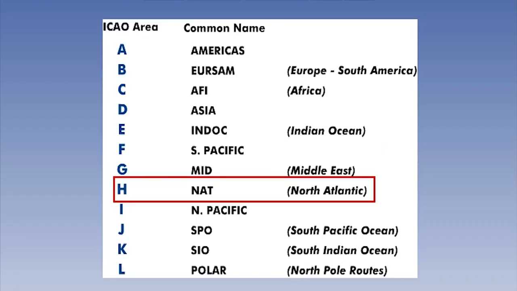The single letter which is used to designate the area of the high-level chart, H in our example, comes from the list of global regions which have been established by ICAO. An abbreviated name is sometimes used to designate this area rather than a letter, but this will not be visible on the legend of the high-level SIG weather chart. An abbreviated name is used on the medium-level chart legends.